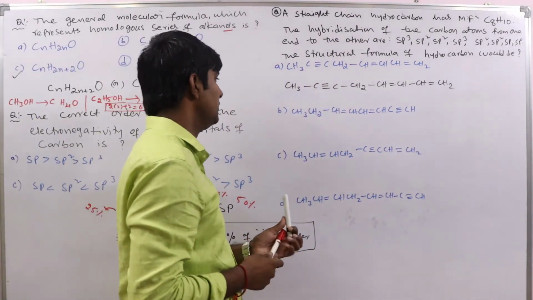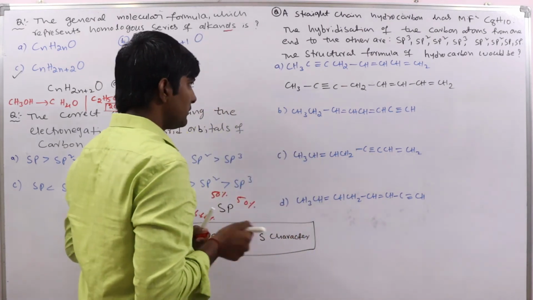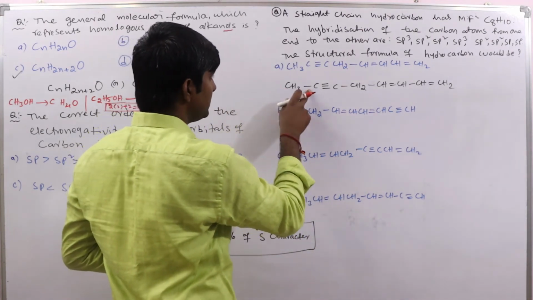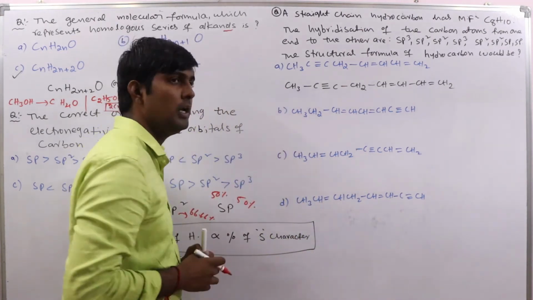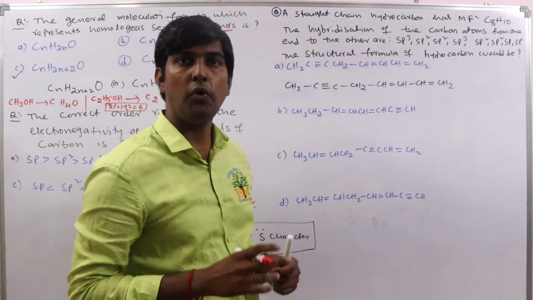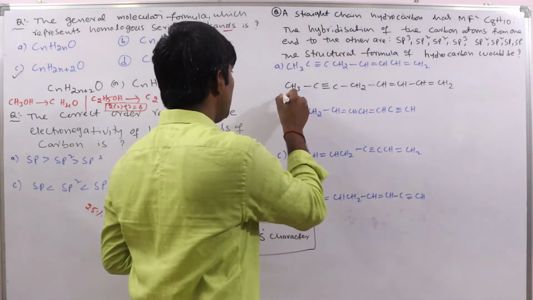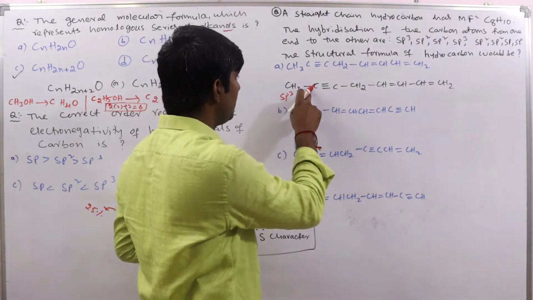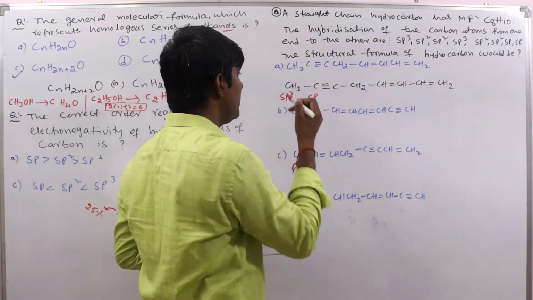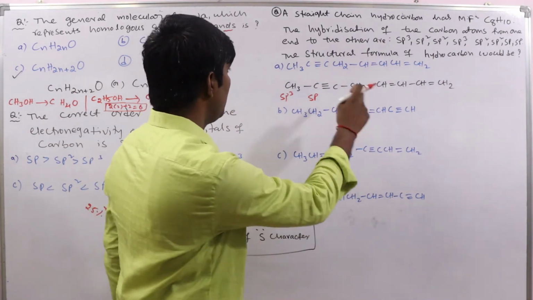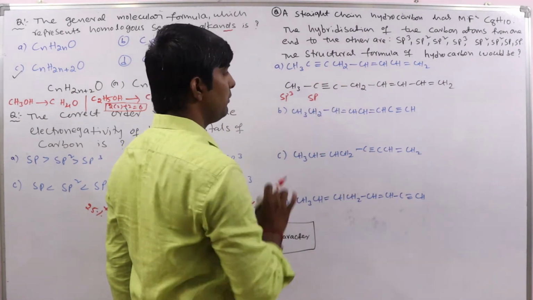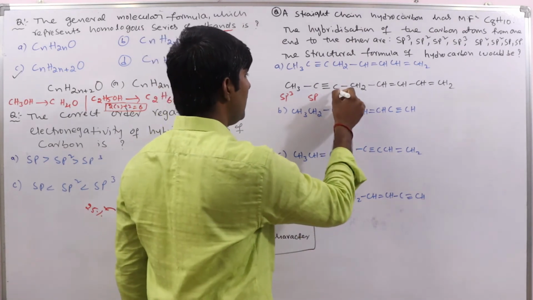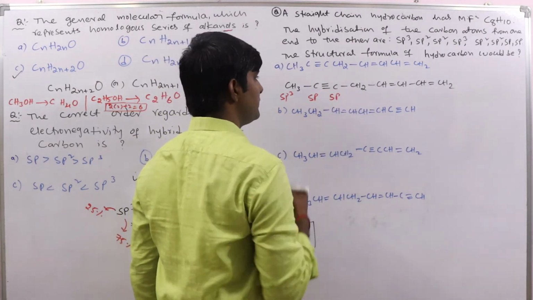This carbon has one CC sigma bond and 3 CH sigma bonds, total 4 sigma bonds. So the hybridization at this carbon is sp3. This carbon has 2 sigma bonds, so sp. In a triple bond, one is sigma and the remaining 2 are pi bonds. Same here, 2 sigma bonds, sp.